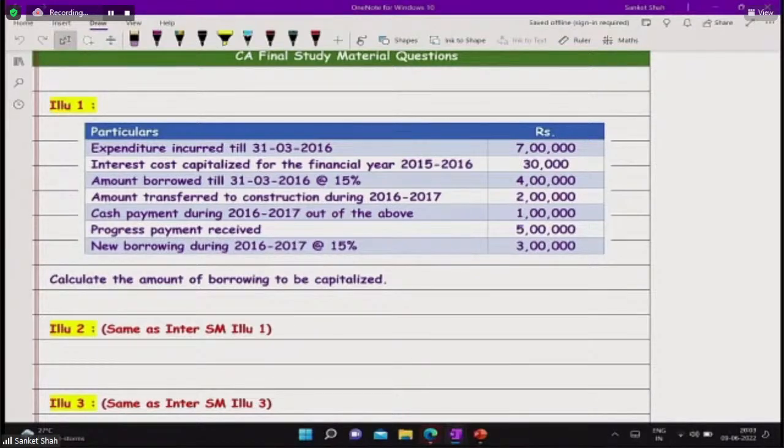Solve it. Getting a wrong answer, solve it and please send it.